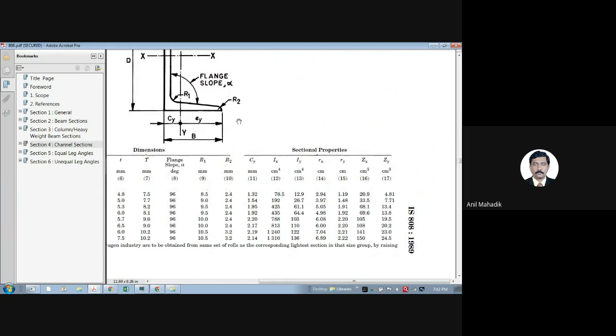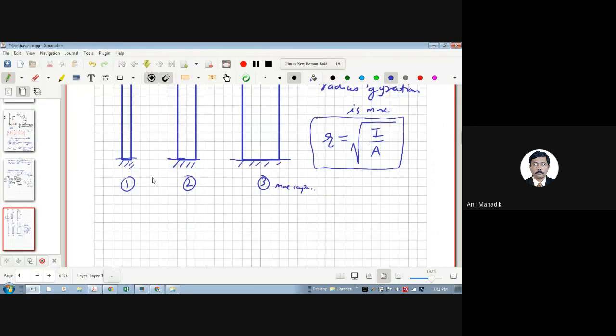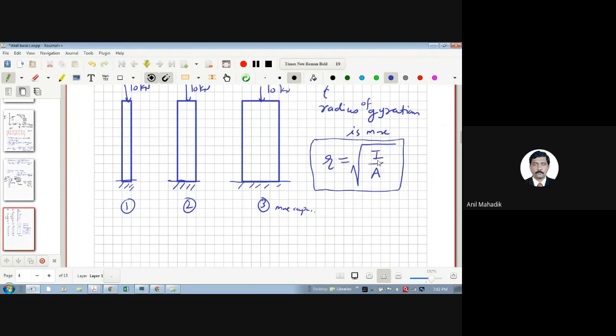So any cross section has two radii of gyration, one about the x-axis, one about the y-axis. And whenever we design it, it is governed by the minimum radius of gyration. So let's see what I mean by this. This is understood: R is nothing but root I upon A.